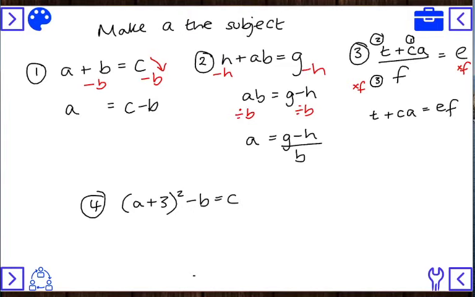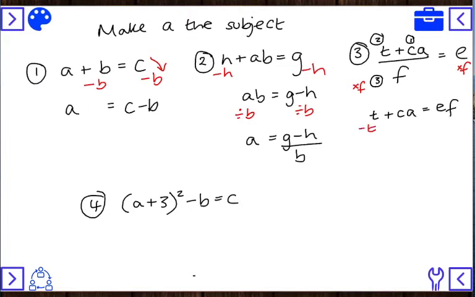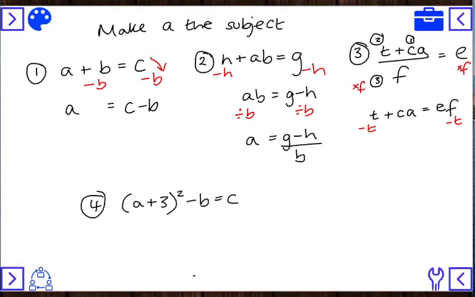Step 2 was that we added on T, so I now need to subtract T from both sides. Subtracting T from the left-hand side would give me T minus T is 0, so CA.